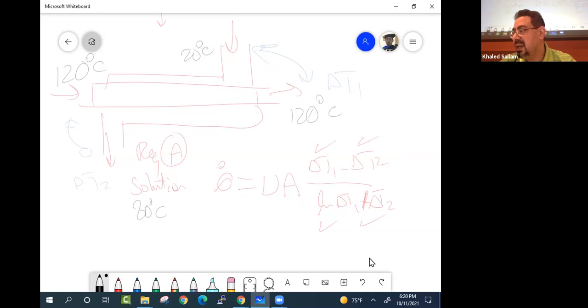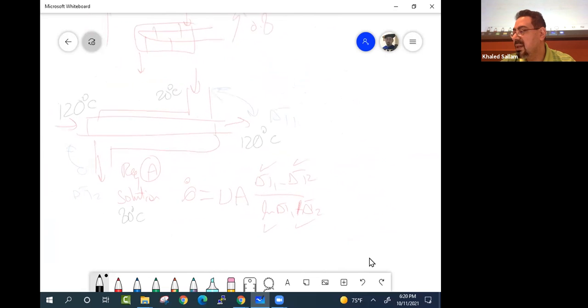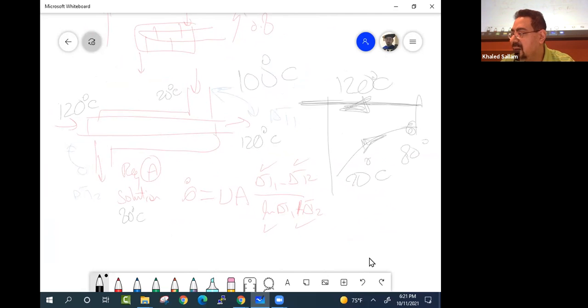Exactly. I mean, if we want to plot this, it will be something like this. That's the hot, and the cold is doing this, coming from 20 all the way to 80, right? While the steam is basically condensing at 120, right? So 120 minus 20 is 100 degrees, and 120 minus 80, that's 40 degrees, right?